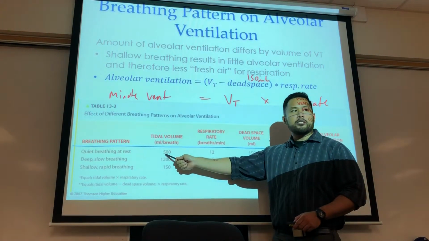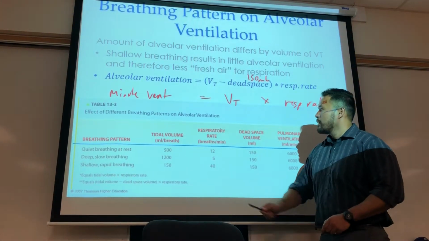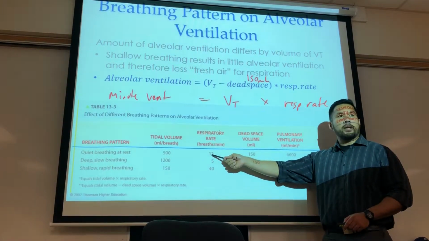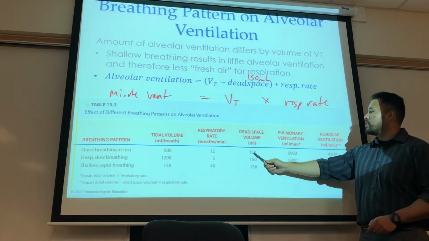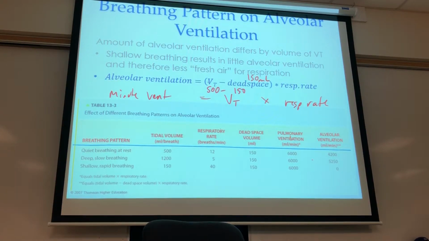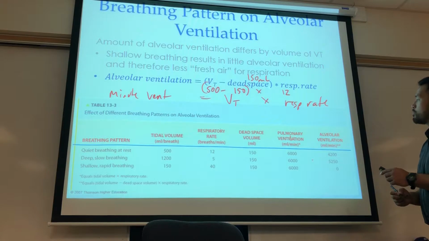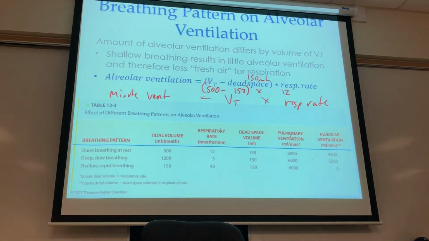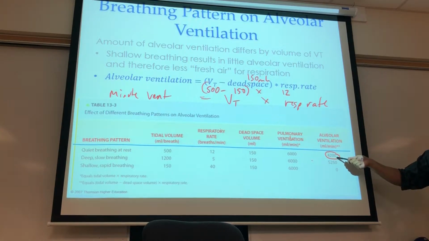Tidal volume of 500 milliliters of air per breath, times the respiratory rate of 12 breaths per minute, and accounting for the dead space volume, all I'm doing is 500 minus the 150 comes out to 350, times the respiratory rate of 12. 350 times 12 comes out to 4,200 mils per minute making its way to the alveoli, accounting for that dead space.